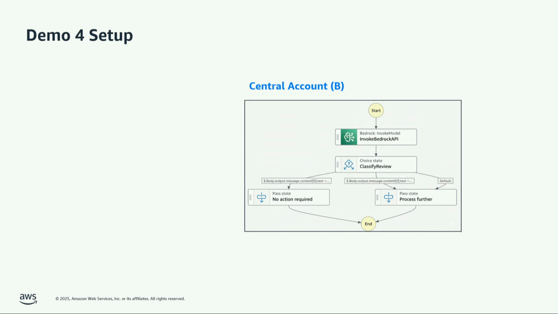So in terms of the setup to show you the demo of this particular scenario, we have an account where you have a workflow that looks something like this, where an input, take for example the product review input, which has the product ID, maybe a description of the product, and maybe a review of that particular product.